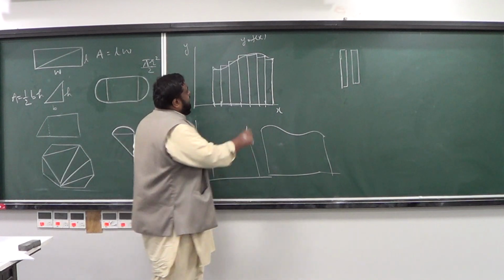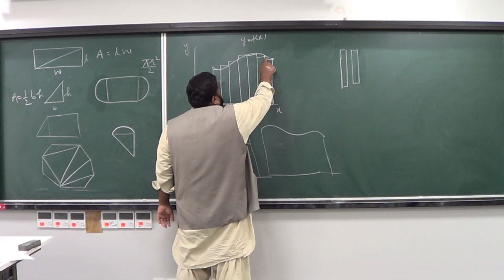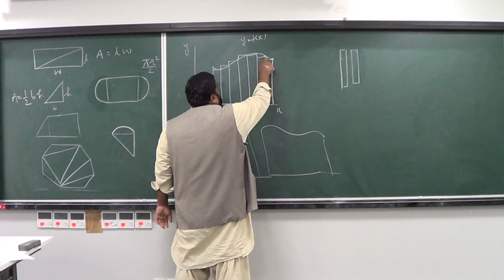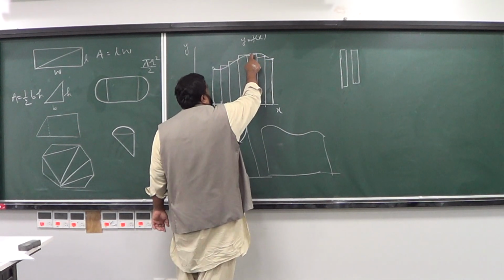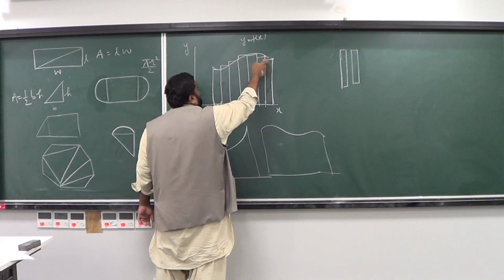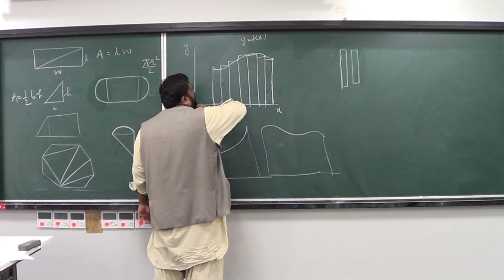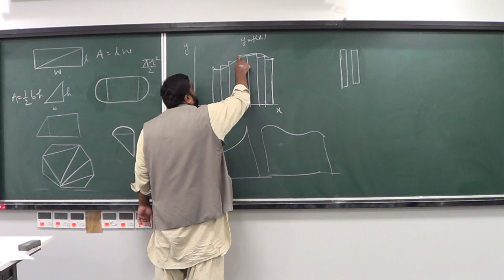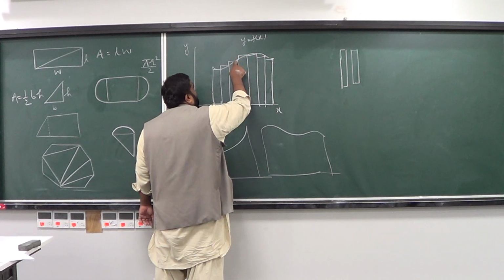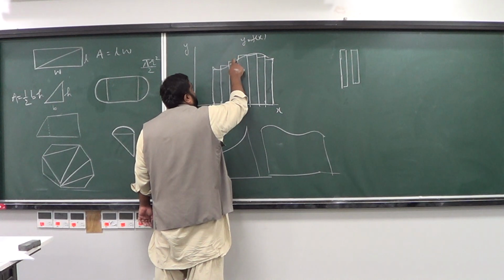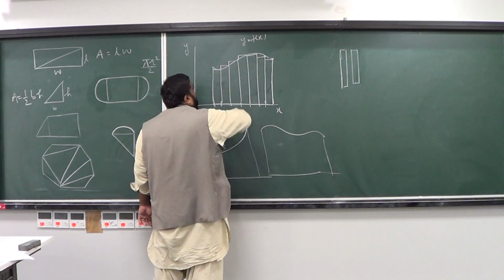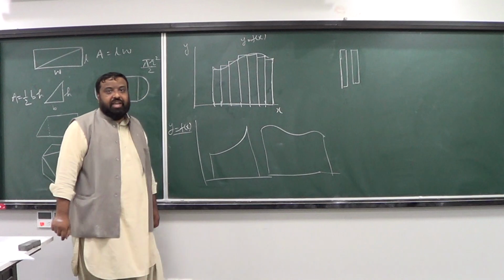There are some places which are not covered by the rectangles, for example this and this part, this part also. But there are some places where these rectangles are over-covering the area, so they are adding additional area.